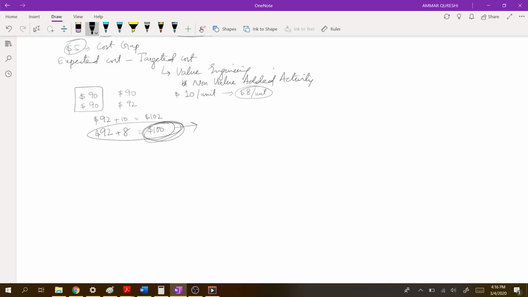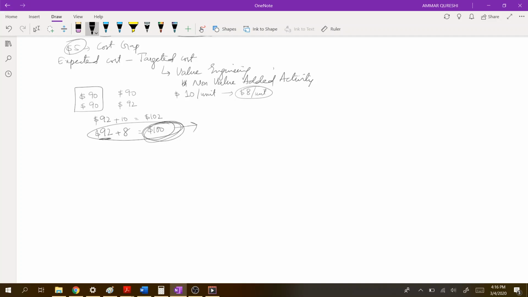We are in a competitive environment, so we have to accept the selling price prevailing in the market. So we must launch our product at the $100 selling price. And what can we do with this $2? We can try to apply Kaizen costing in future in order to reduce this $2 cost.